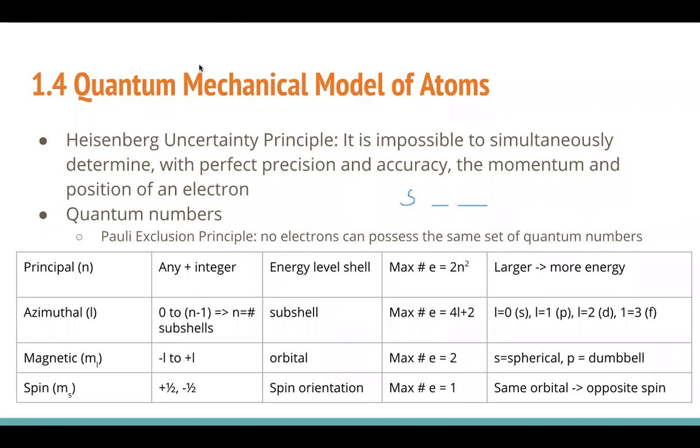S is n equals 1, and so the number of subshells is just 1. And so the orbitals is just 1, from 1 to minus 1. So if you wanted to put electrons in, it's just like this.